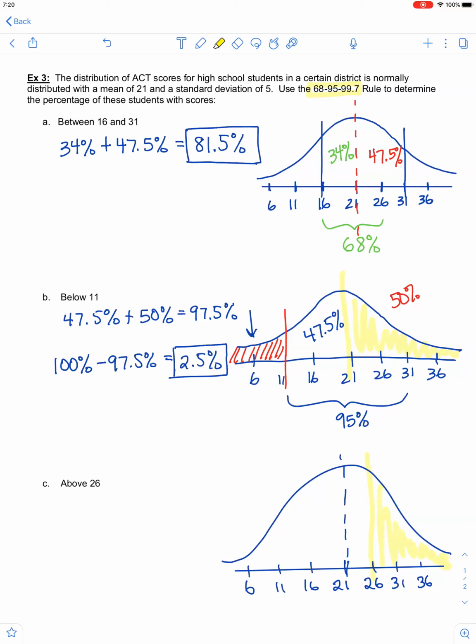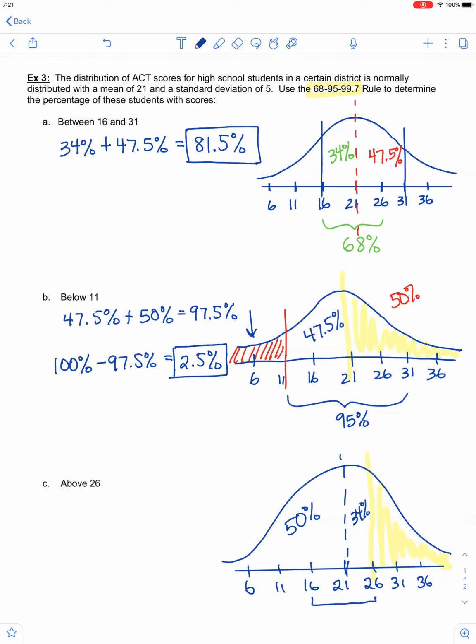That's what we want to know. So once again, we already know this half is 50. We know within 1 standard deviation to the left and right is 68, so half of that is 34.